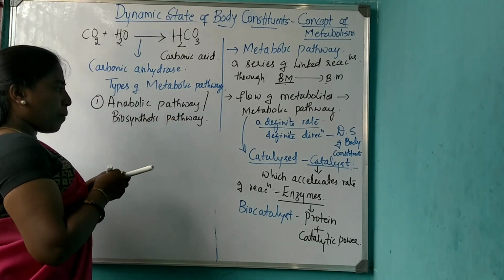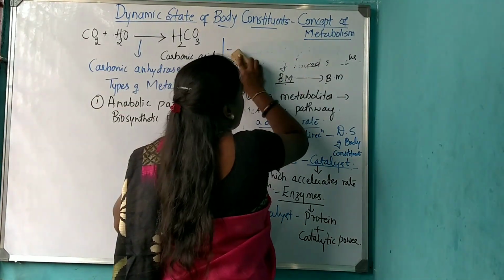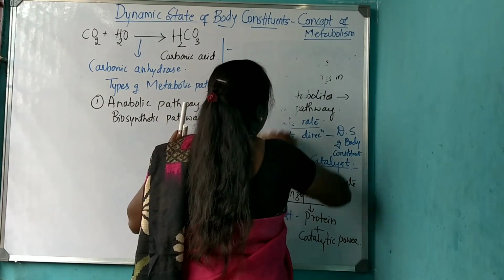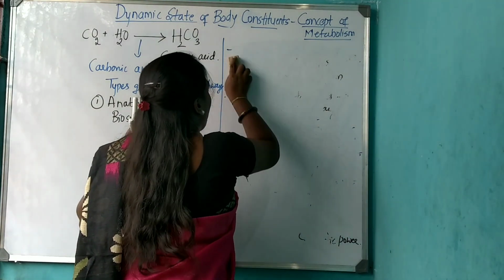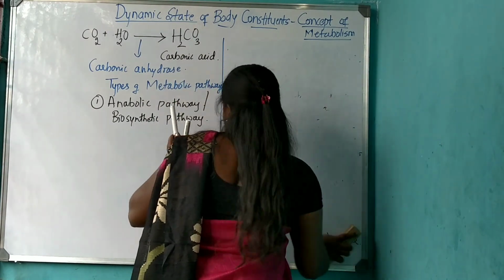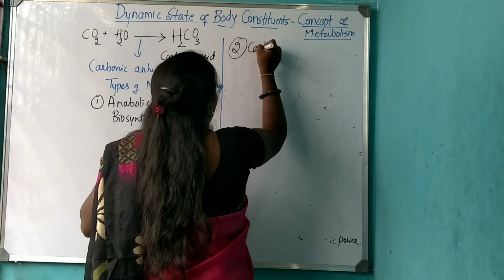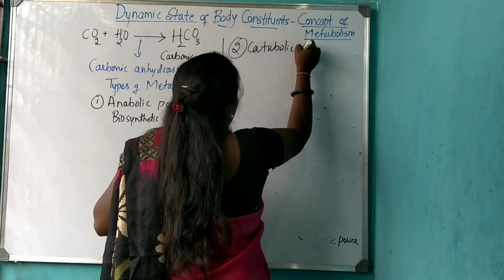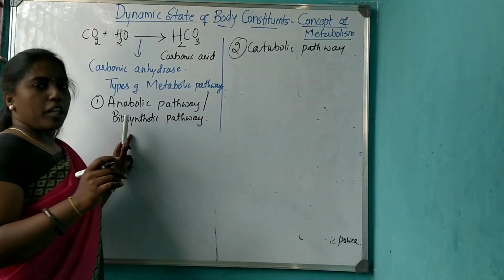Another pathway is the catabolic pathway. The second type is the catabolic pathway. First let us discuss the anabolic pathway.